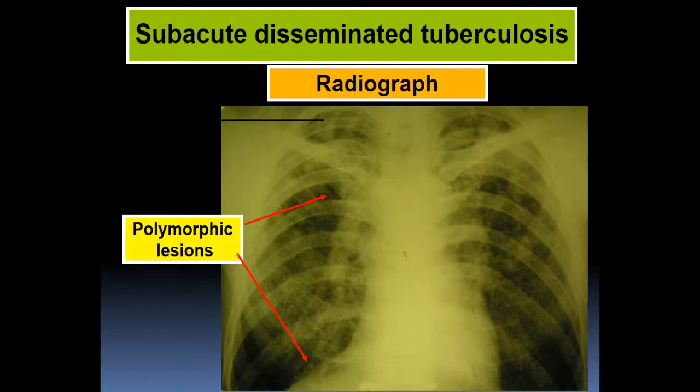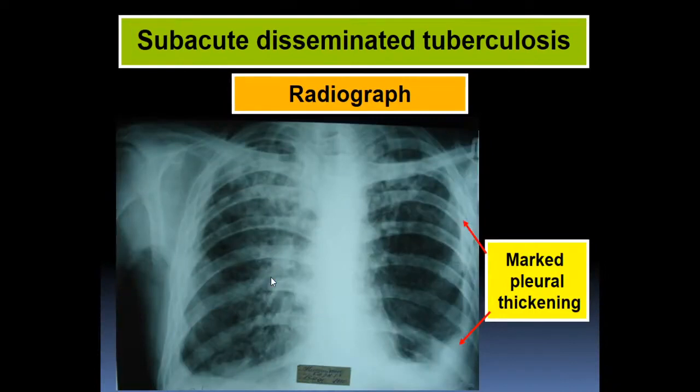On this X-ray, we can see subacute dissemination, also polymorphic lesions. On this X-ray, we can see the symptom of subacute dissemination, and this form of TB complicated by pleurisy.